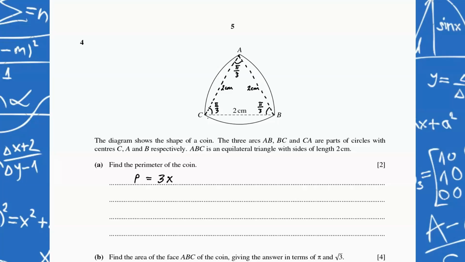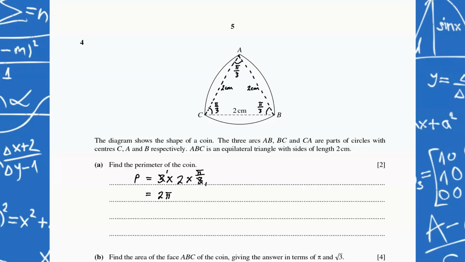The center would be C according to what they have told us, and the radius will be 2. So r theta would be 2 times pi over 3, or a third pi. The 3's cancel here, goes in once, and we get the perimeter P to be 2 pi. So that's basically how we do it for part A.